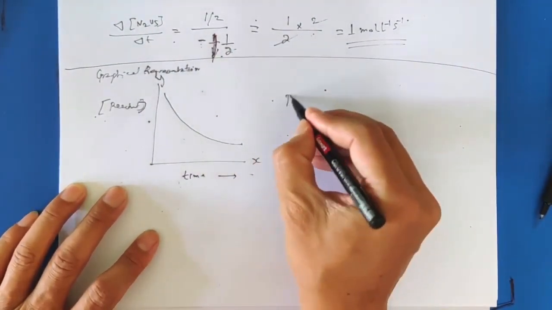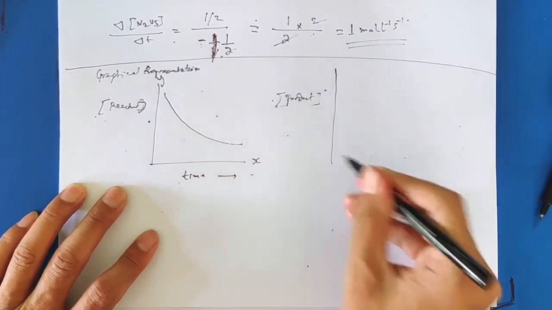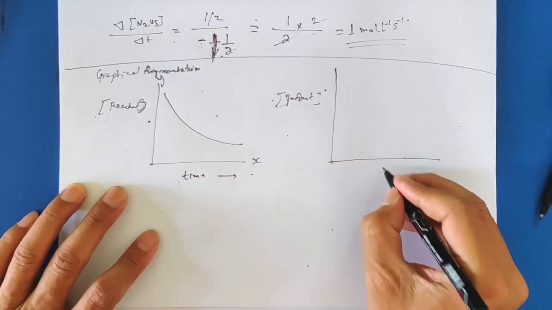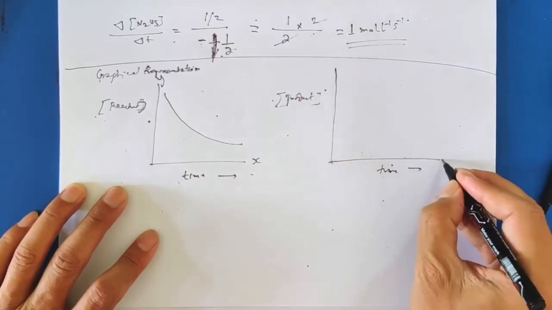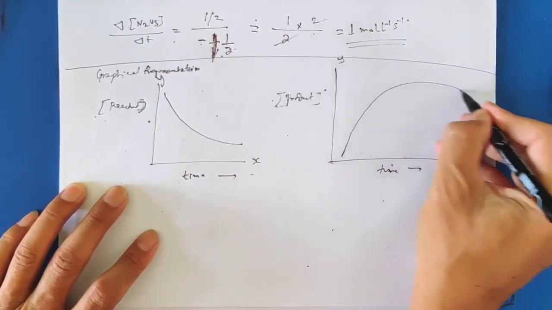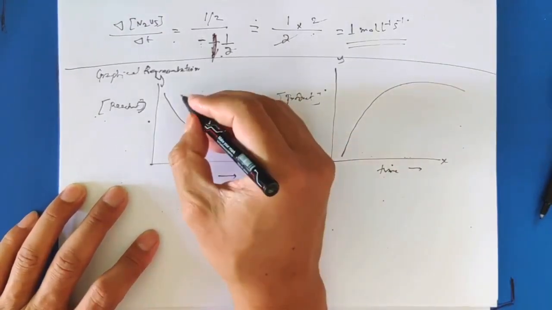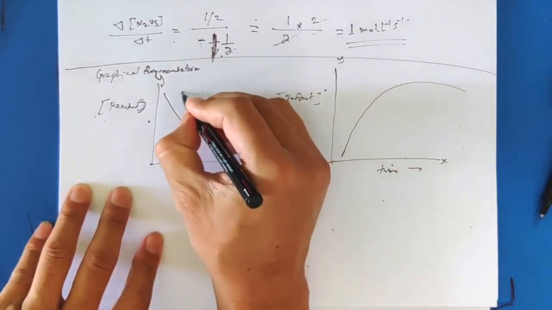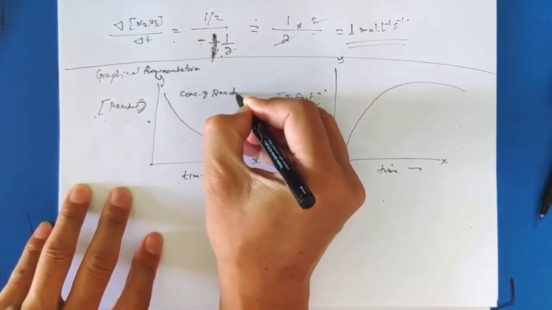For the product, the product concentration is on the y-axis and time is on the x-axis. With the passage of time, the concentration of product increases. The concentration of reactants decreases with time.